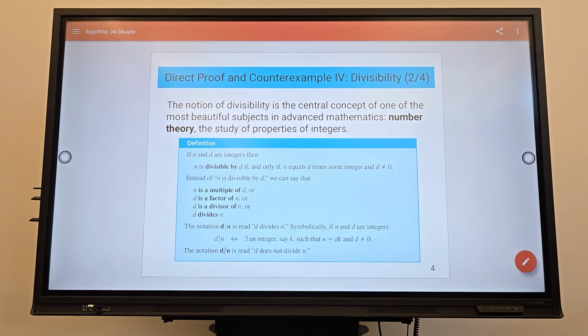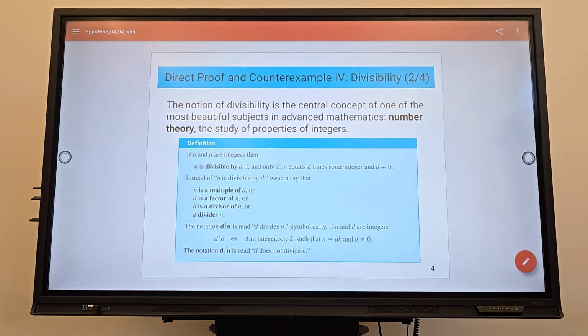Instead of n is divisible by d, we can say n is a multiple of d, d is a factor of n, d is a divisor of n, d divides n. The notation d vertical line n reads d divides n.